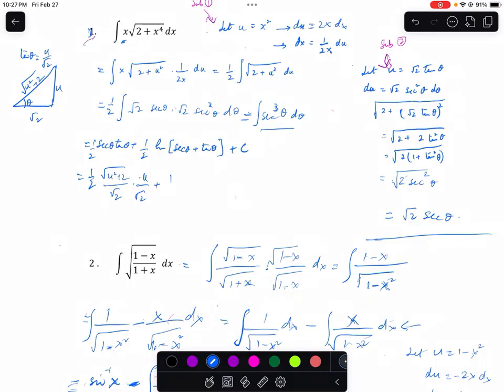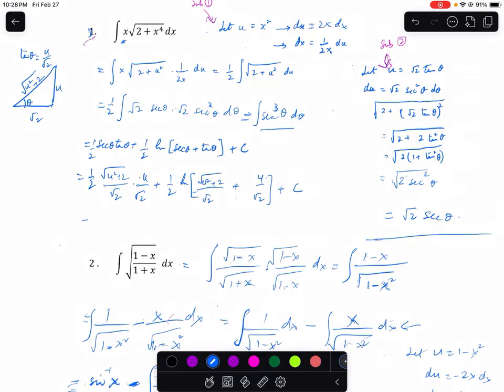So we get plus 1/2 ln of secant plus tangent, which is square root of u squared plus 2 over square root of 2 plus u over square root of 2, plus c.